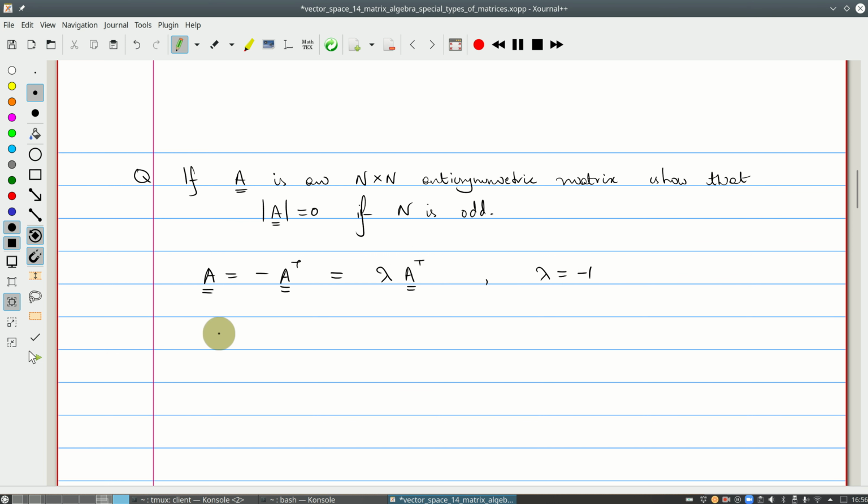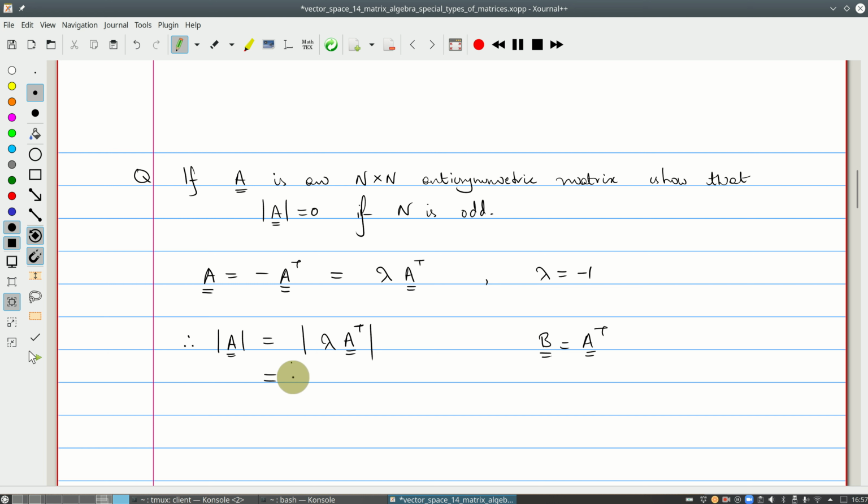Now take the determinant of both sides. So the determinant of A is equal to the determinant of lambda A transpose. Now A transpose is another matrix. Let's call it B, so B is equal to A transpose.